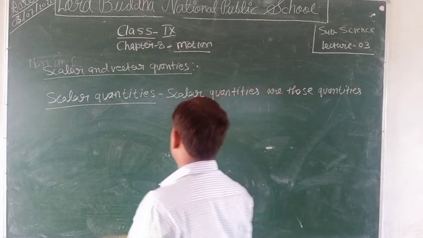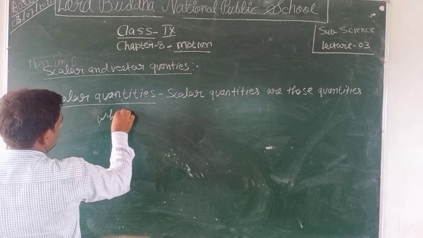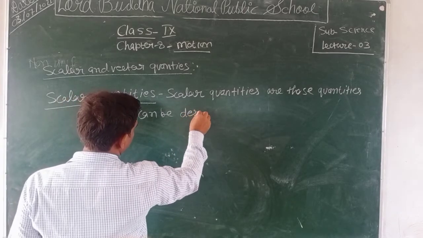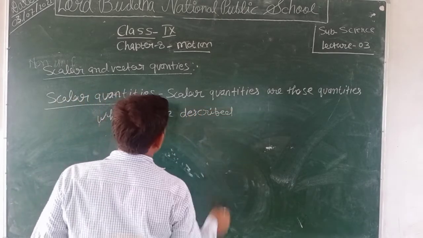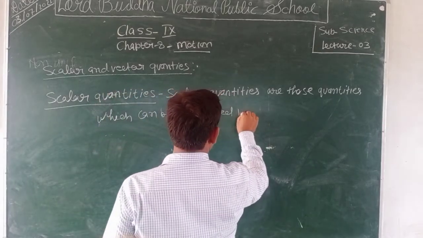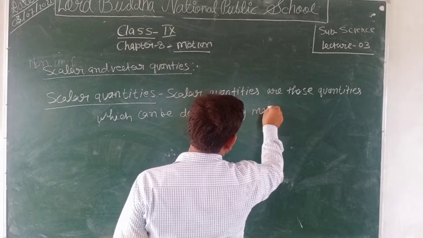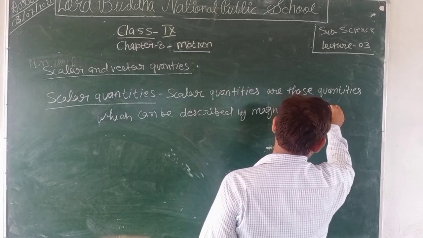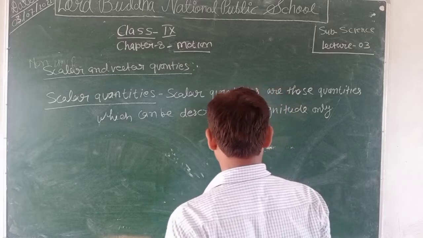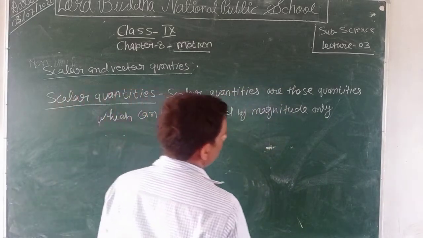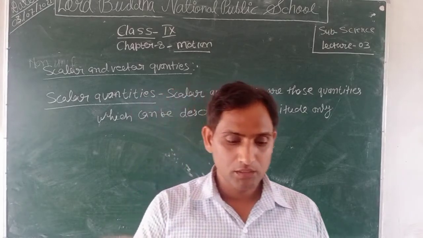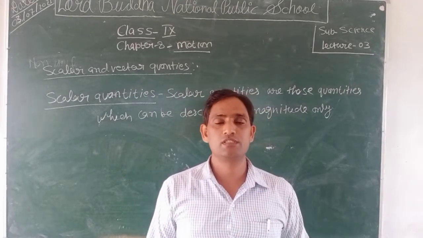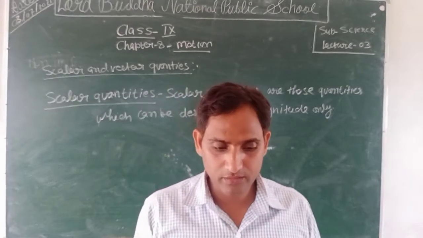Scalar quantities are those quantities which can be described by magnitude only. Here it means there is no need to mention the directions, means these quantities do not have the directions. Clear?